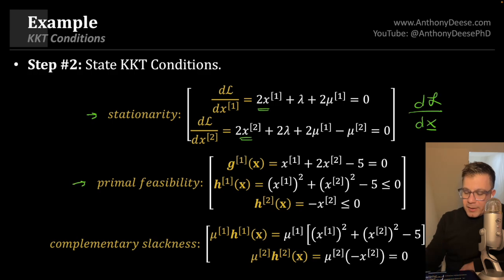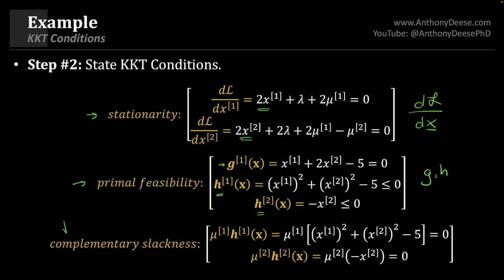Primal feasibility: here we're simply listing out our equality and inequality constraints. So we have three elements here, g1, h1, and h2, and we just copy. Then we have complementary slackness, which says that, for the optimal solution, the product of mu and h must be equal to 0.